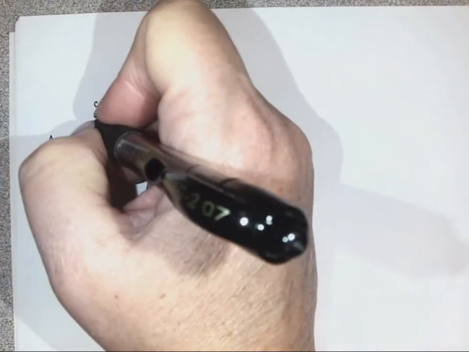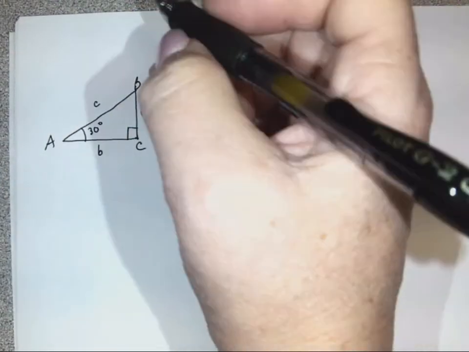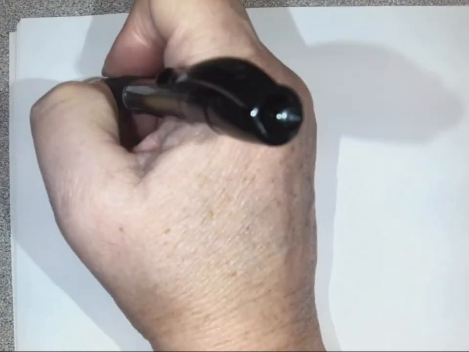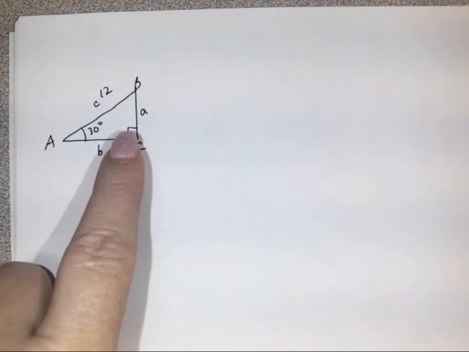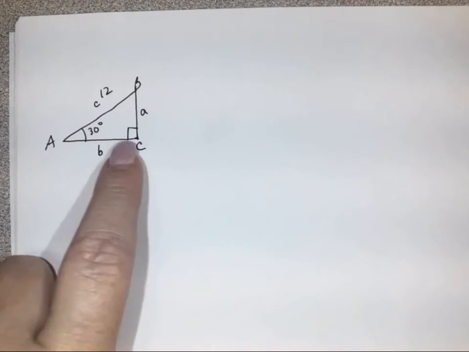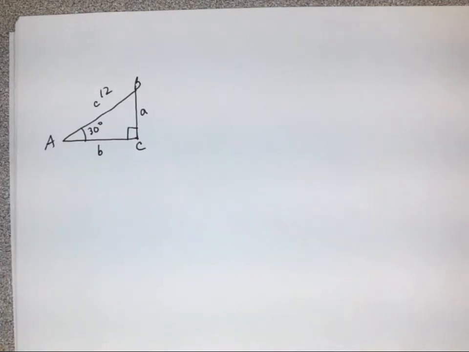We are given that this is 30 degrees and that this is 12. So we're only given 2 parts, and actually a third one because of the 90-degree angle. The first thing we need to do is figure out what we can know.